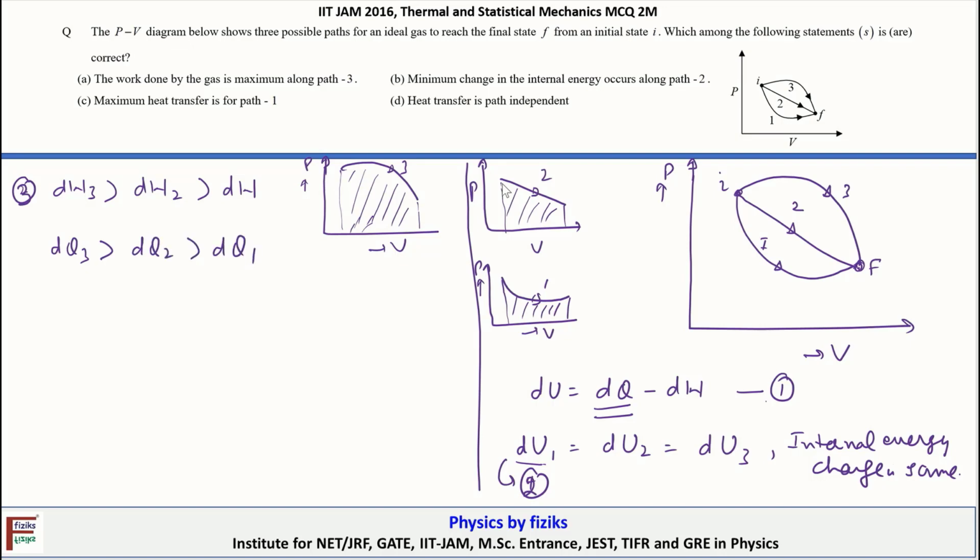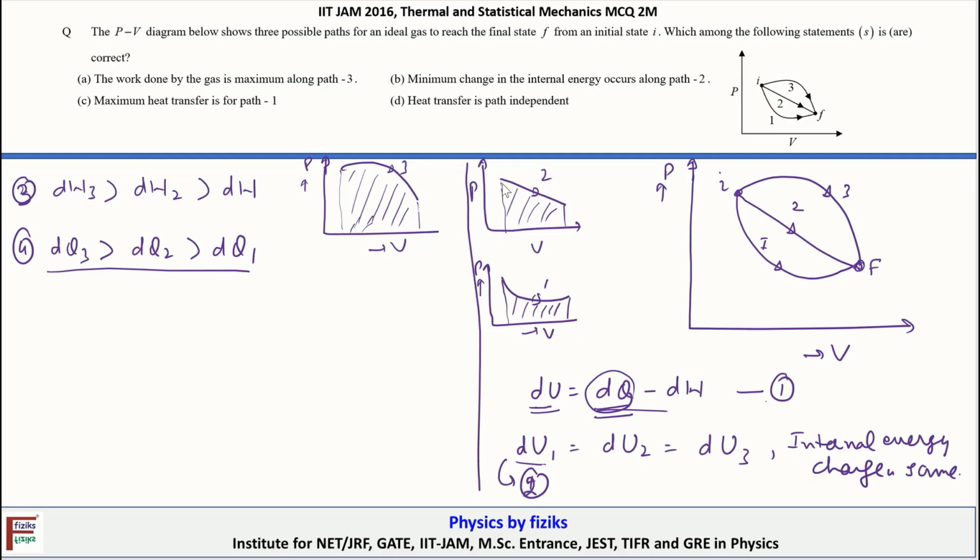The reason for this statement is that dU1 is going to be equal to dU2, so to ensure that the difference is exactly identical, dQ2 has to be larger as compared to dQ1. So this is our fourth result here.